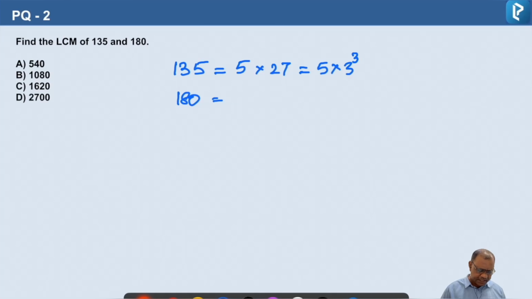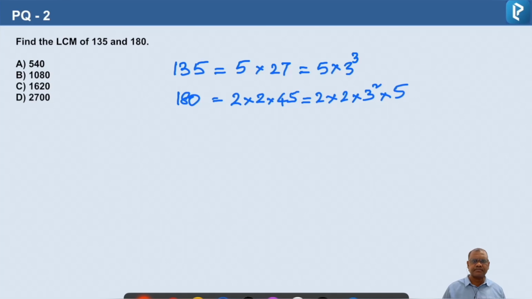Similarly, 180 is divisible by say 2 into 90. 90 is again 2 into 45. 45 is nothing but 9 into 5. 2 into 2, 9 is 3 square into 5.